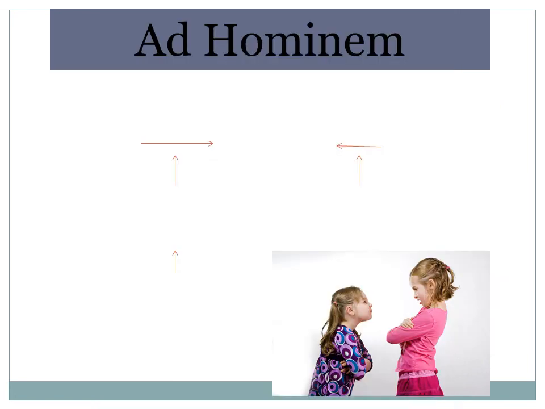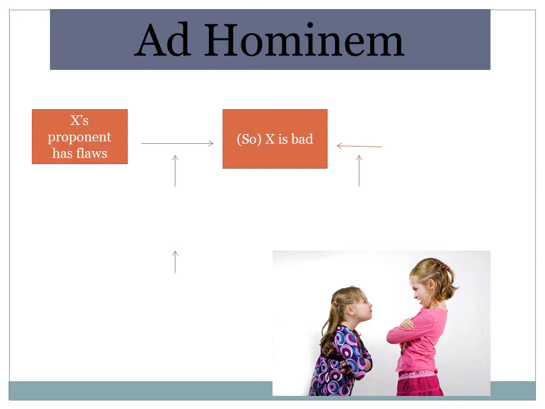The next logical fallacy we're going to talk about is what's called an ad hominem fallacy. In an ad hominem fallacy, someone is going to attack an idea, try to convince you that something is not true or is a bad idea. And the way that they do it is by arguing that X's proponent, the person who's in favor of this, has some sort of personal flaws. Ad hominem means to the man or to the person.